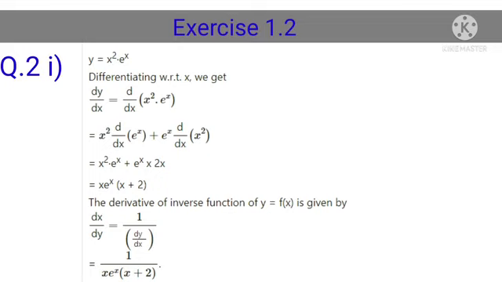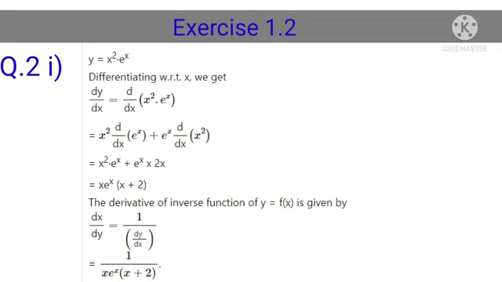y is equal to x square into e raised to x. Differentiate with respect to x, what do we get? dy by dx is equal to d by dx of x square into e raised to x. Now here you use the product rule: first into derivative of second plus second into derivative of first.